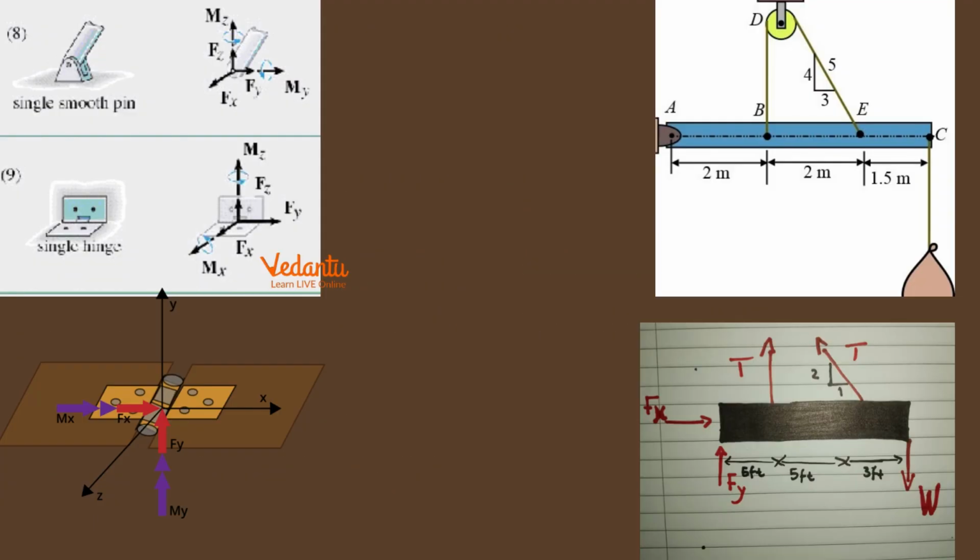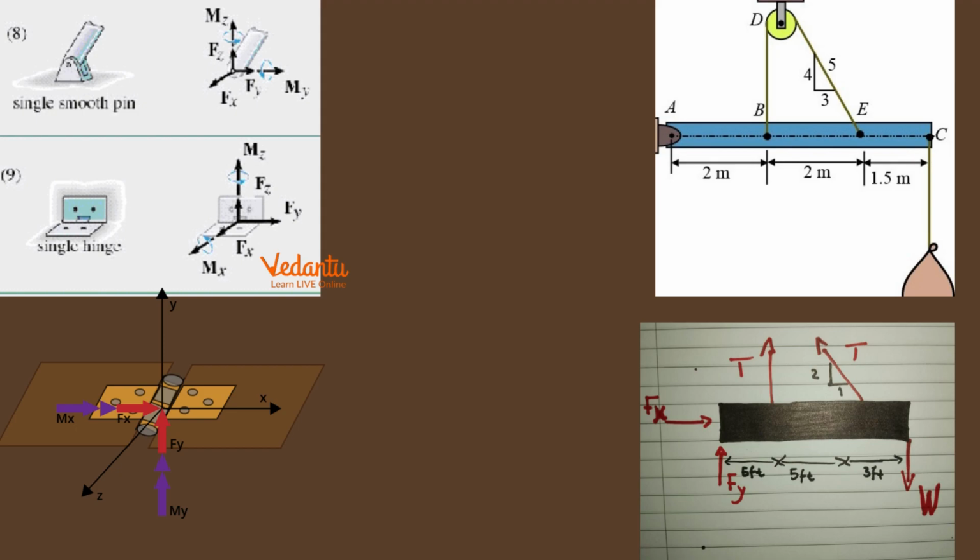So right here in the first image, we can see the single smooth pin and the single hinge with all the forces that act upon them. We can see the vertical forces and the horizontal forces and also the moment.